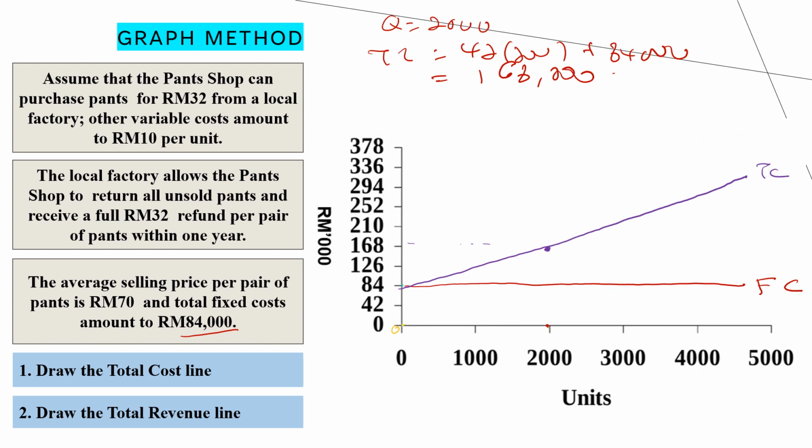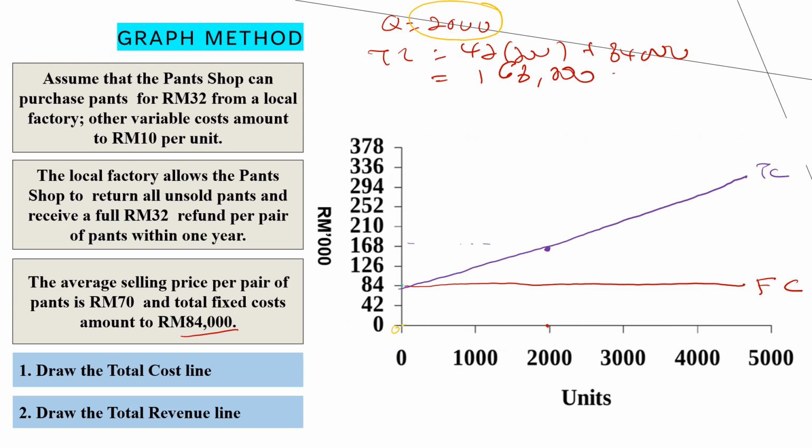What you need to do now is take any other same example like this. We consider that we are producing and about to sell about 2,000 pens. Then we need to calculate with the selling price, which means 70 times 2,000.